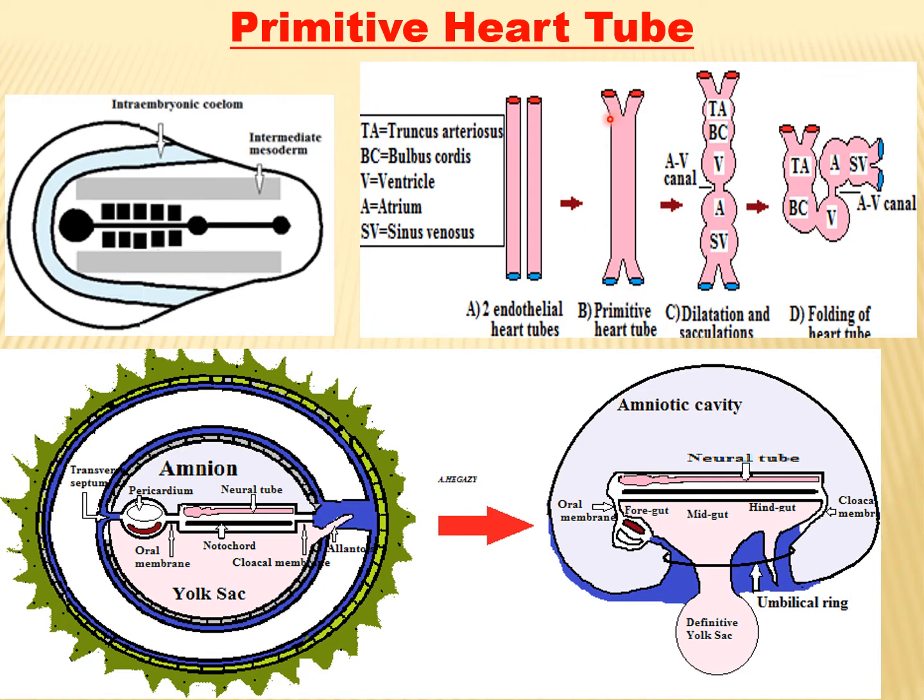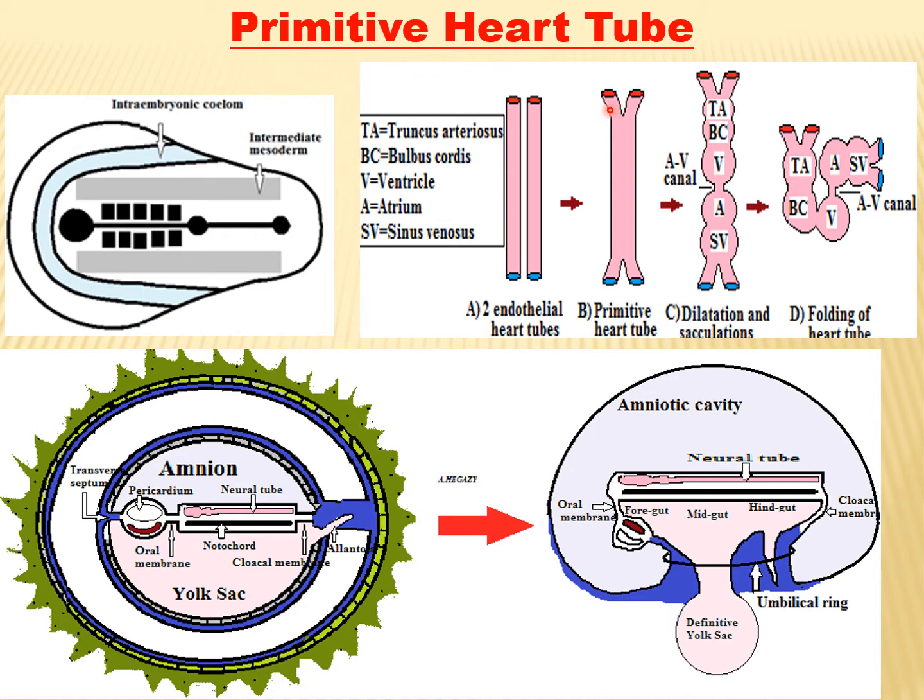This is a bifurcation on the cranial end for exit of the blood, the so-called arterial end, and this is for the entrance of the blood, the so-called venous end. This is the single heart tube, leaving two bifurcations, the caudal venous bifurcation and the cranial arterial bifurcation.